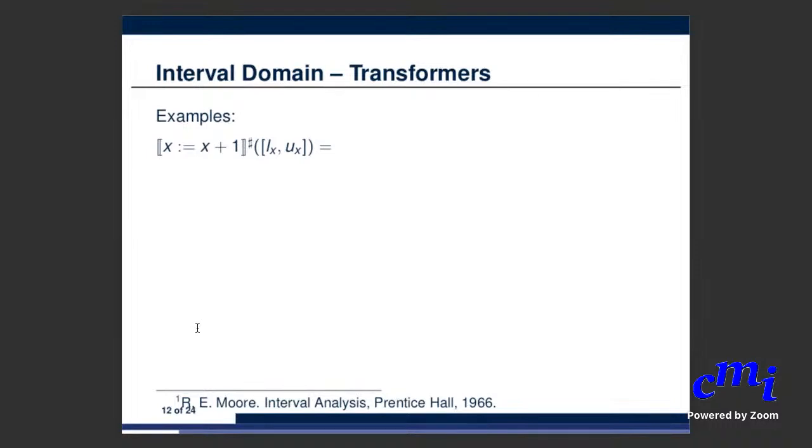These abstract transformers are defined in a parametric way, because my abstract domain usually is either finite or, if it's infinite, it is defined in terms of some parameters, and this lower and upper bound is what I consider as parameter. So what should Lx and Ux be here?